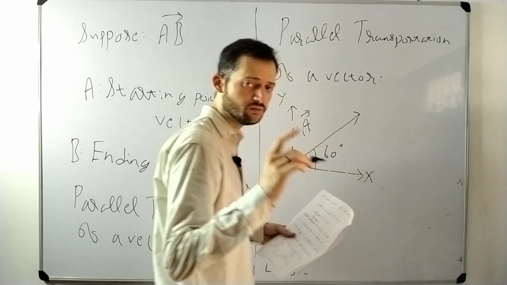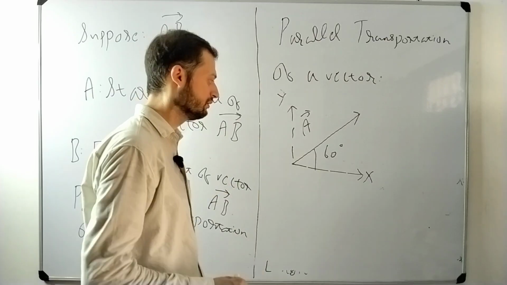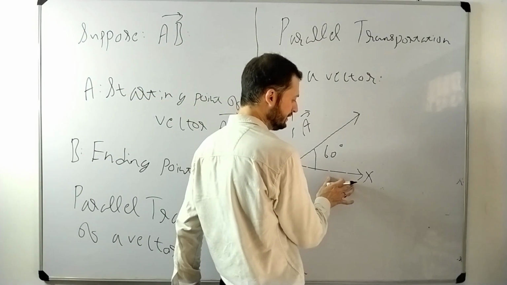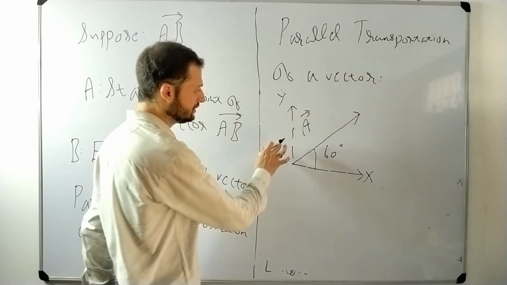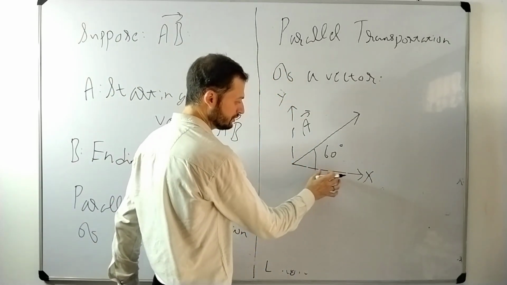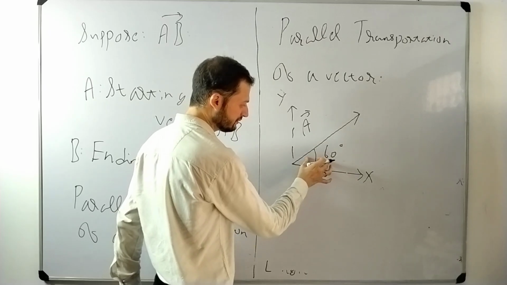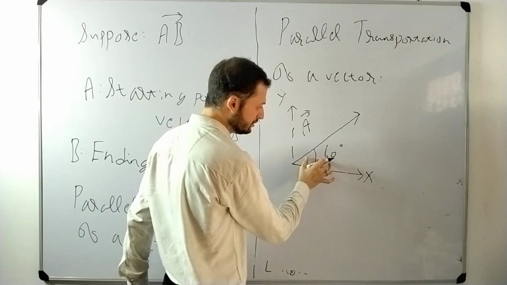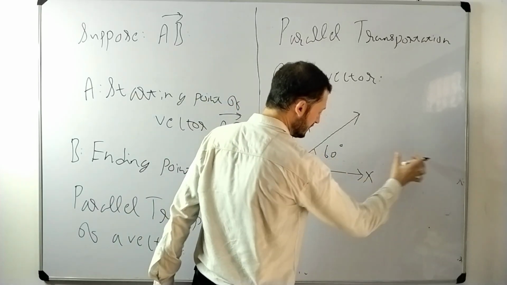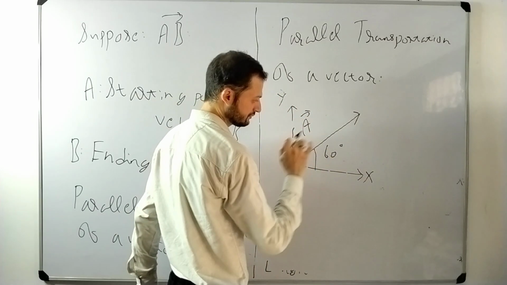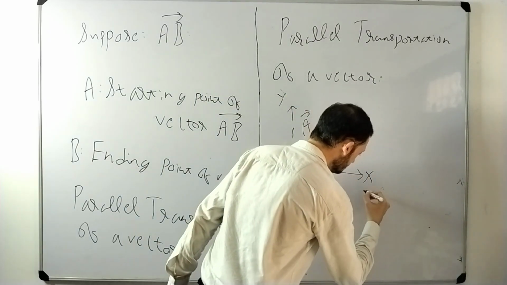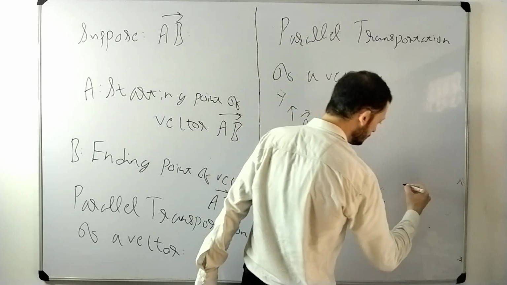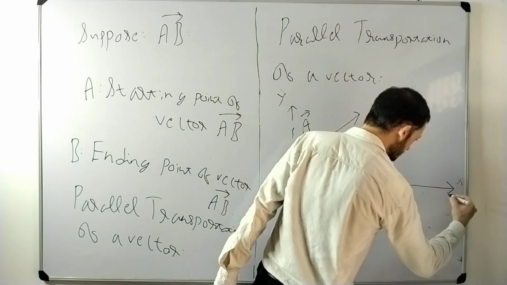Now I will parallelly transport it. Parallel transportation means the coordinate system remains the same, or generally the angle remains the same with all the axes, and the vector moves parallelly here and there. Like I am taking it 10 meters away from this x-axis to a new axis system x dash.